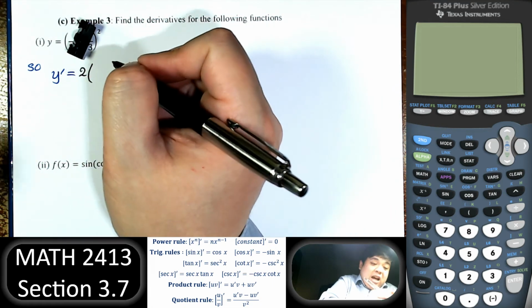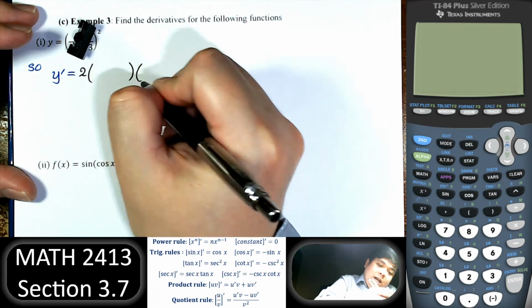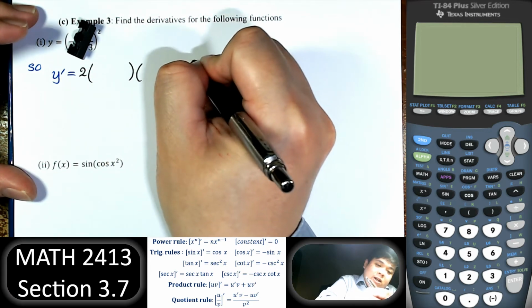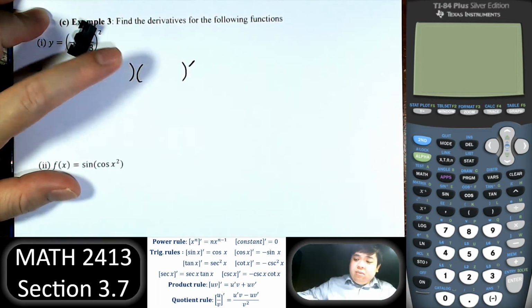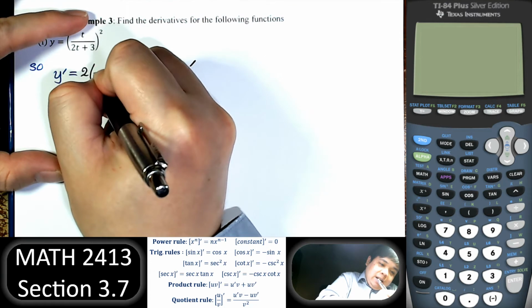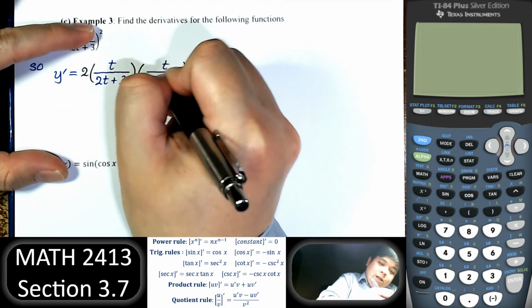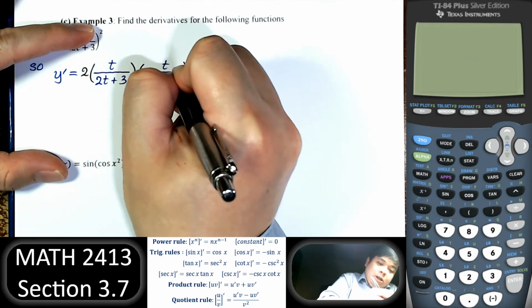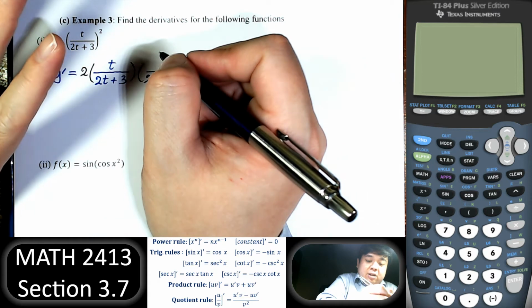The parentheses squared derivative is 2 times the parentheses, and then we take the derivative of the parentheses. That's what the chain rule is about. Inside that is t over 2t plus 3. We already took the derivative of it, so that is good. Just going to leave it like that.